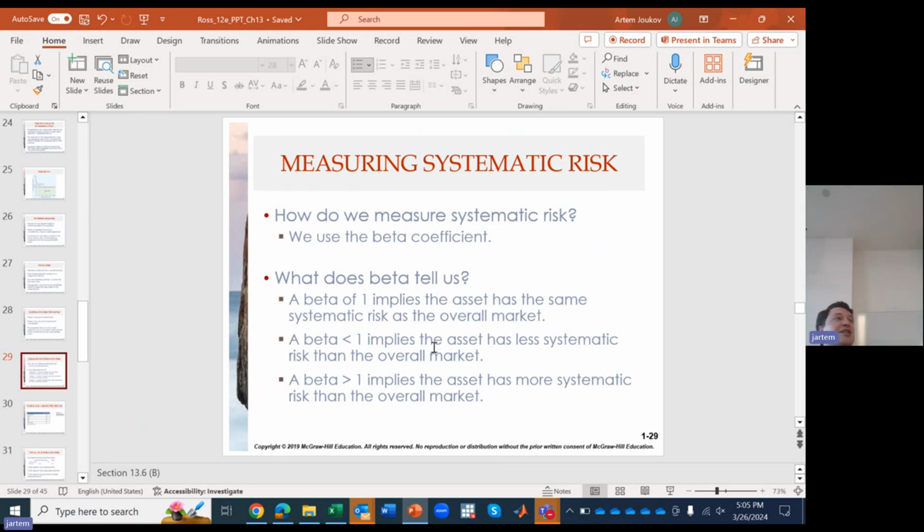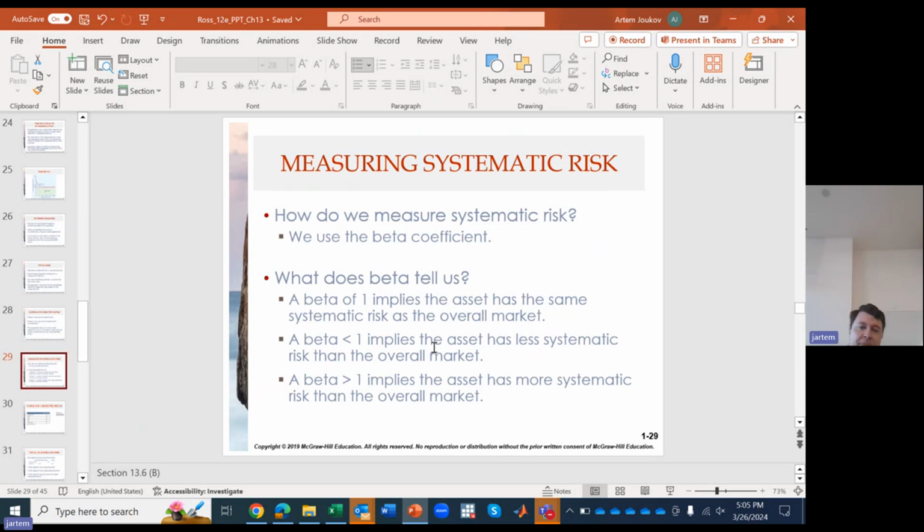The beauty of beta is it's actually better than just the correlation because it doesn't just tell you if this goes up, I also go up. It tells you how much. Remember how I said you've got a beta of 1.29 or 1.2 or 2.4, right? That number shows you the direction and the magnitude, okay?